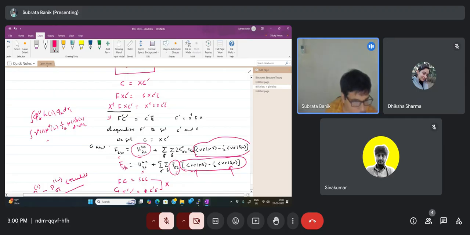What are these? These are the atomic orbital functions. You need atomic functions, that's all you need. So from there, you can calculate this integration. This term and these terms can be calculated if you know the positions of the atoms. These functions depend on the position of the atom.